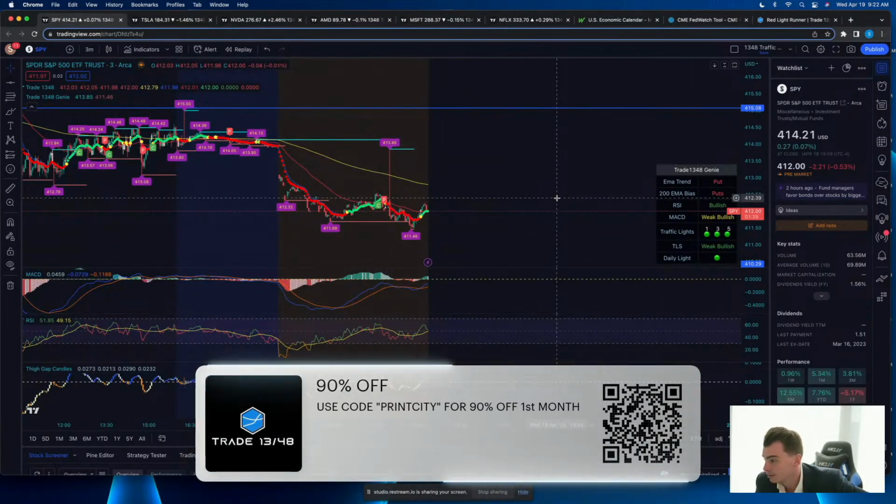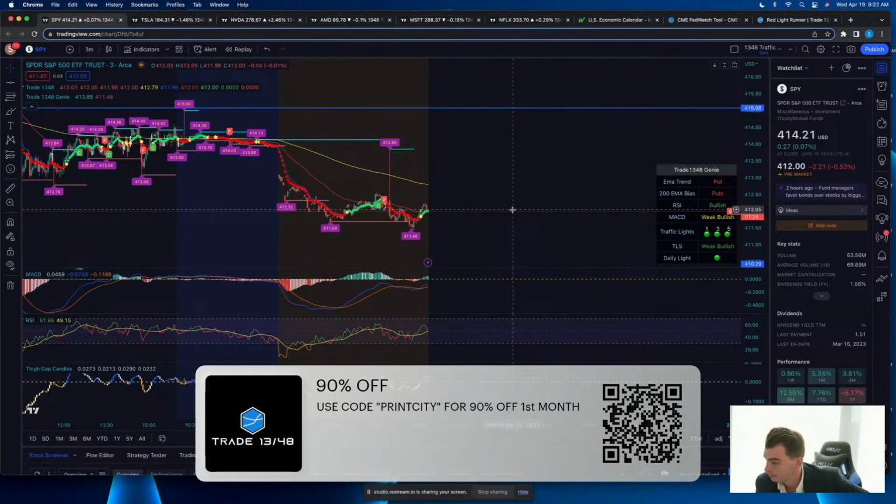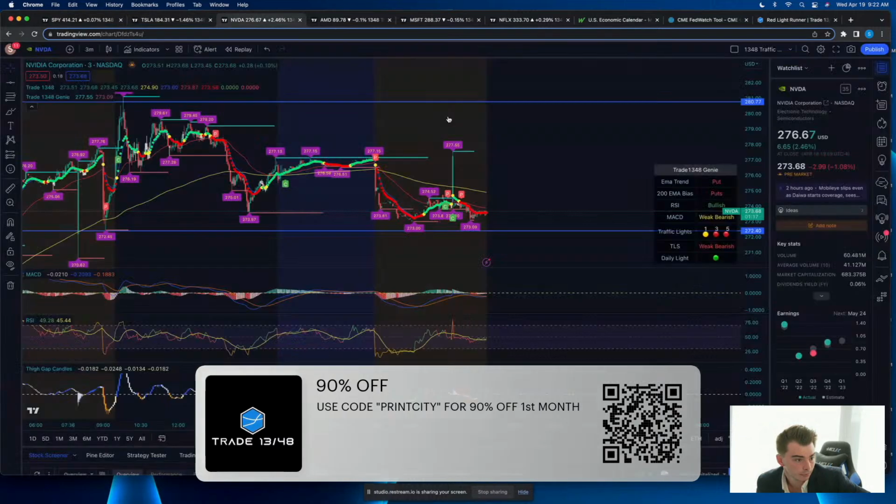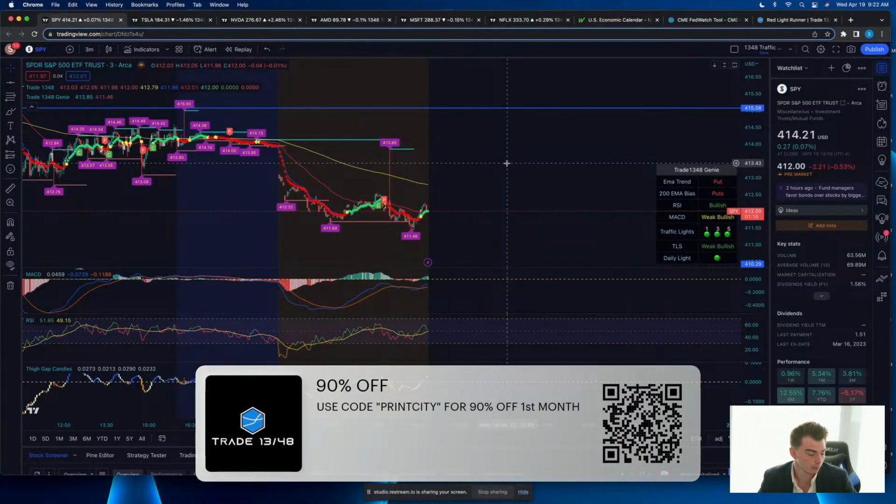SPY still respecting that 200 EMA. What time frame are you looking at? Oh no, that's reckless.